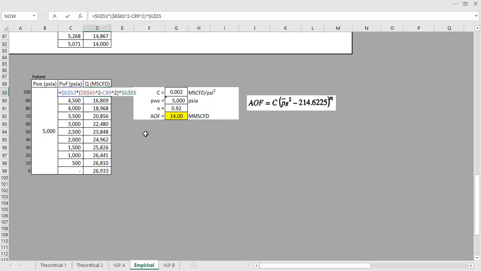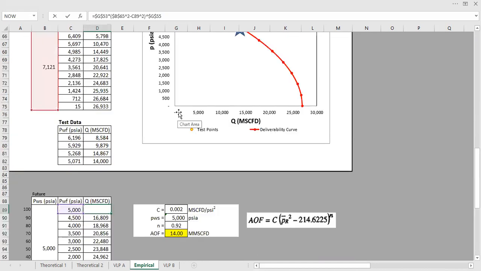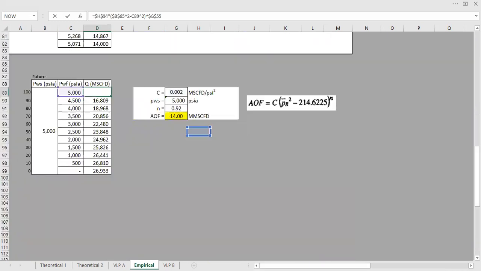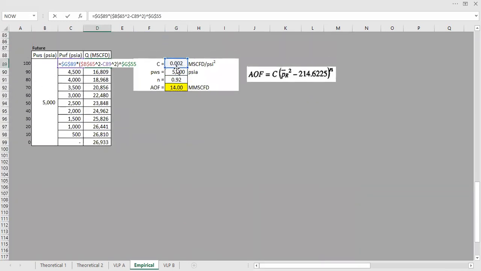And then this one, we will use this C from this, and then for this PWS squared, we can use this one, FO minus this one, and then powered by this N, F4. Okay, so now the absolute open flow will be 14,000.